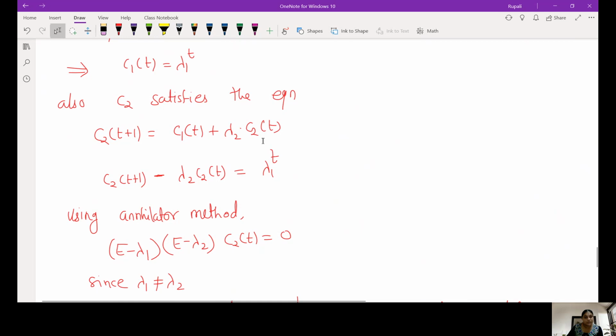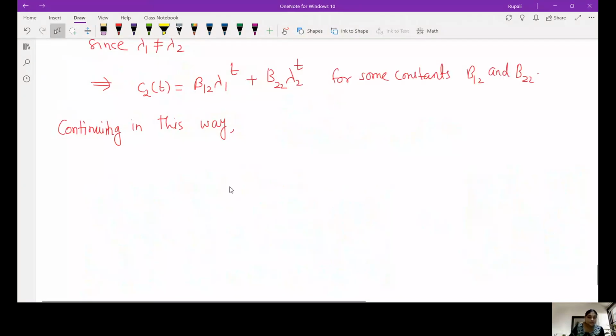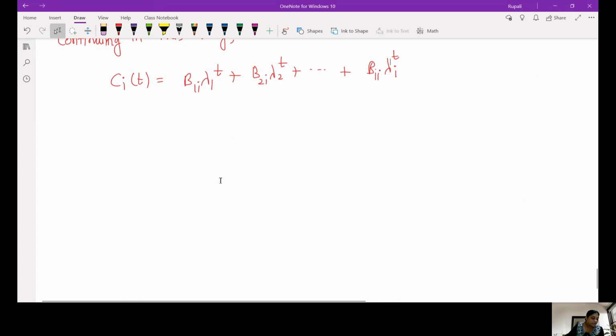Again we can use the annihilator method, and continuing in this way we can show that Ci(t) = b1i lambda 1^t + b2i lambda 2^t + and so on, up to bii lambda i^t.